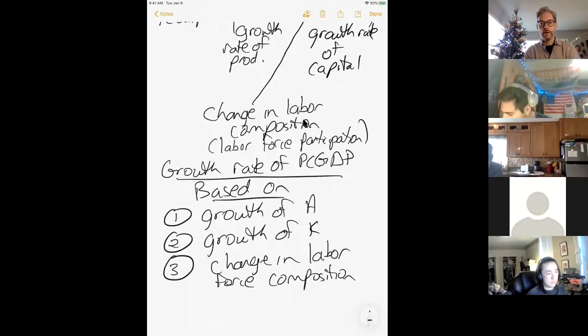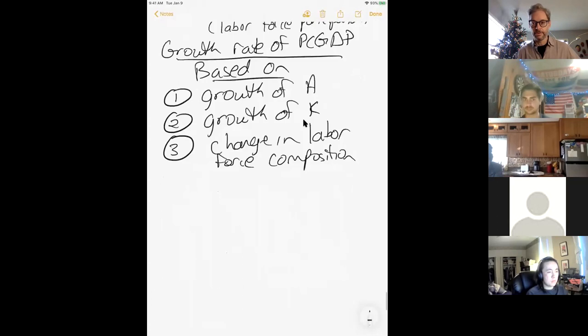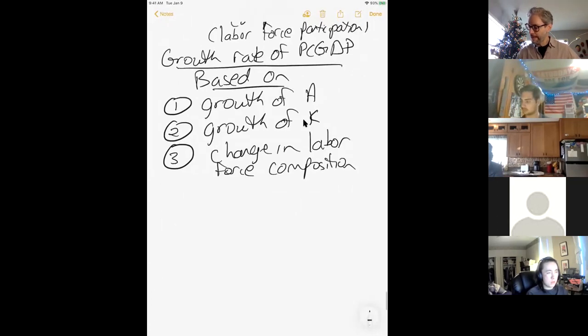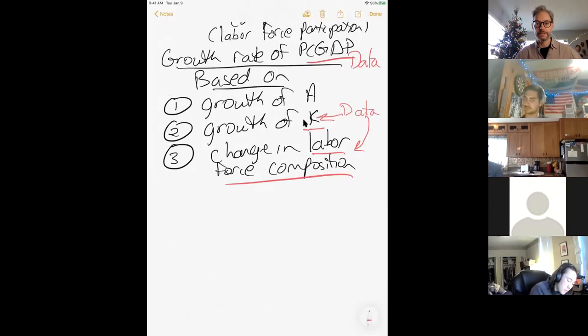Now, this is where the work comes in, or this is where the insight comes in. Because if you think about this, we can get data on all of these things but one. We have data on per capita GDP. We have data on capital. We have data on labor force participation and labor force composition.